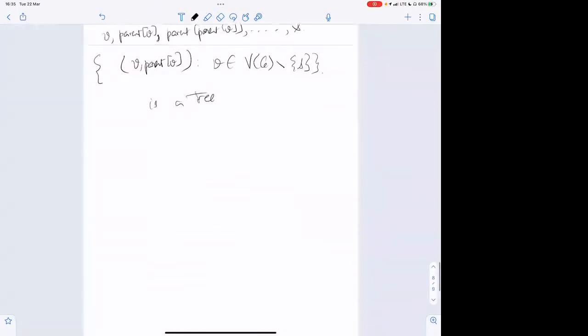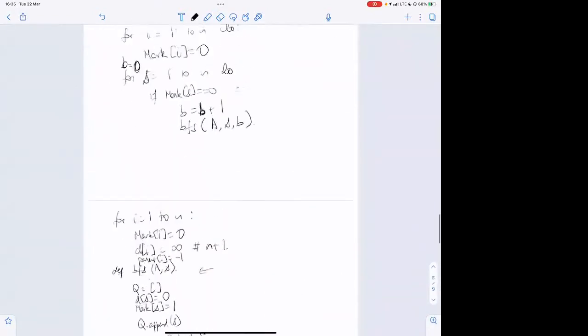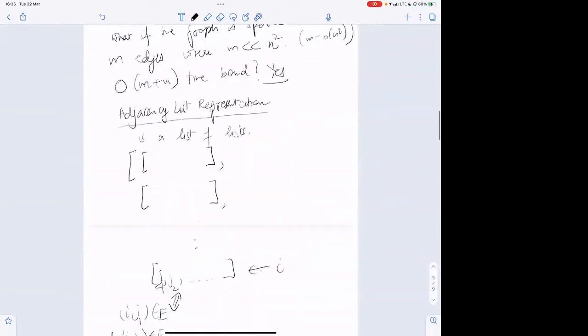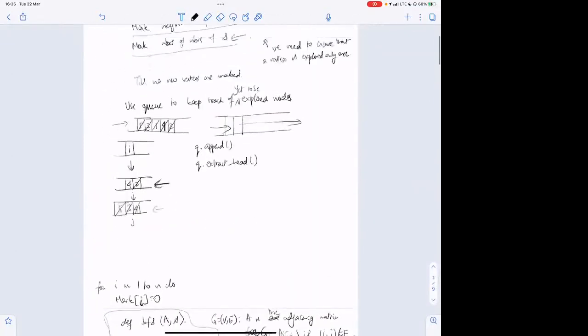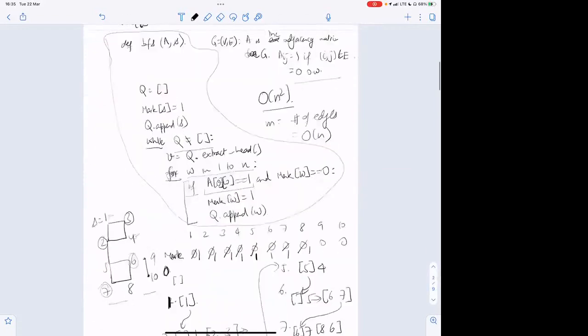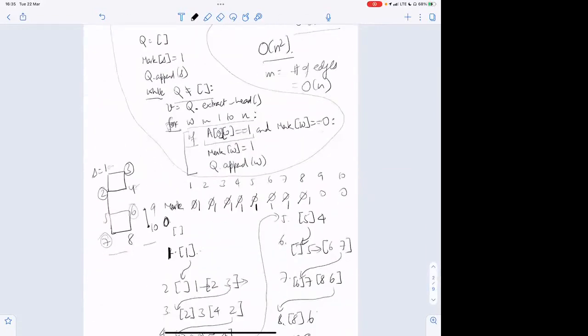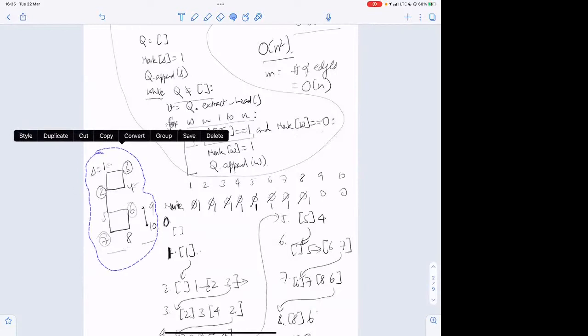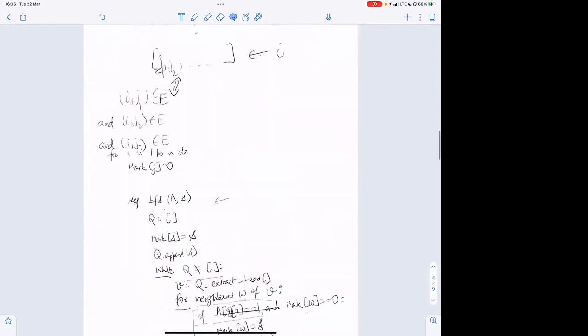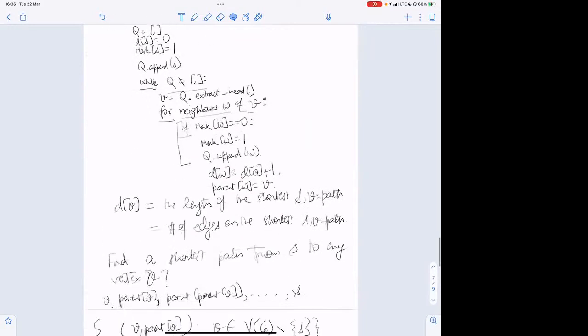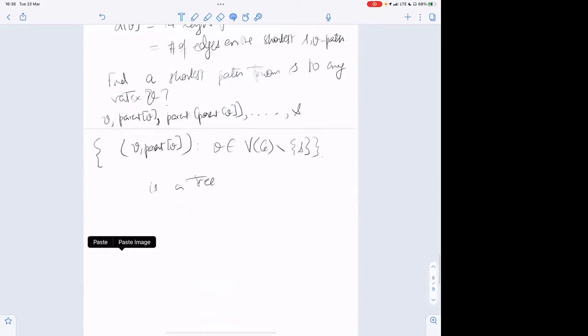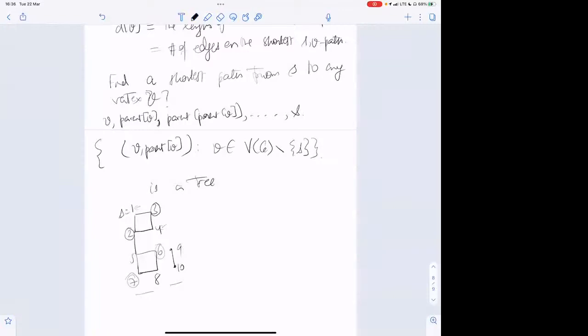While I will not give a proof of this, let's look at this graph in detail. While we were exploring this graph, we were putting parent pointers also.